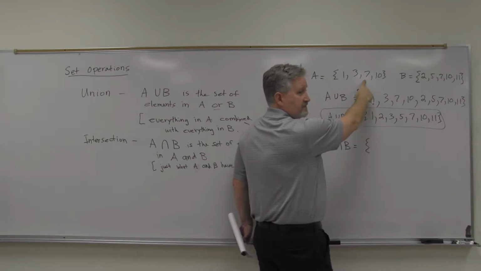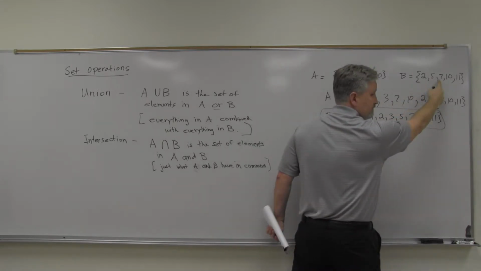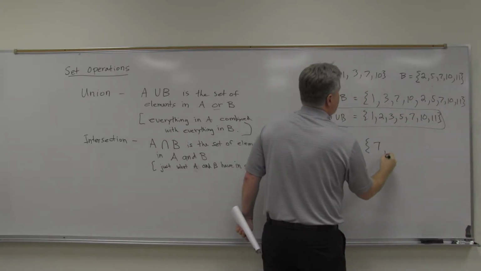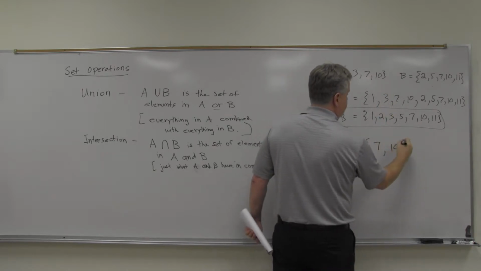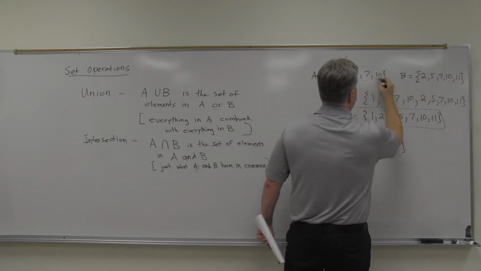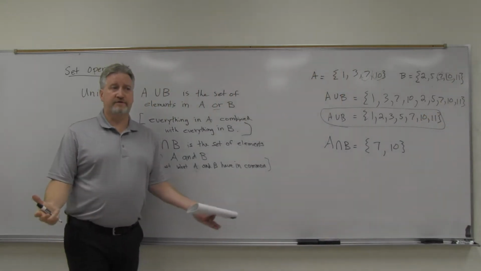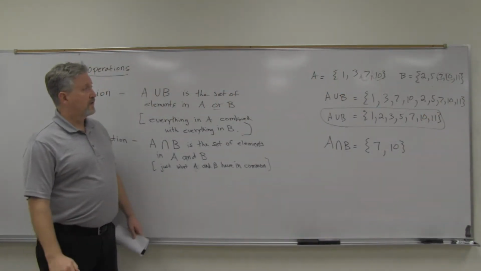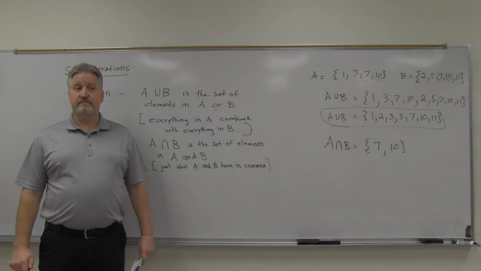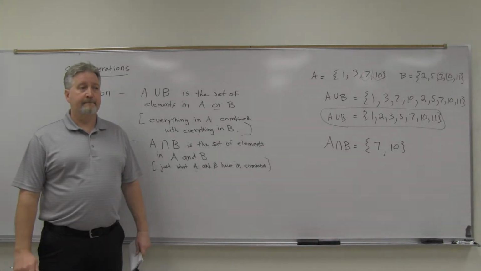First one I see is 7, don't you? 7's in both of them. And both of them also have 10. So those two are in both sets. So those two are the elements in A intersection B.